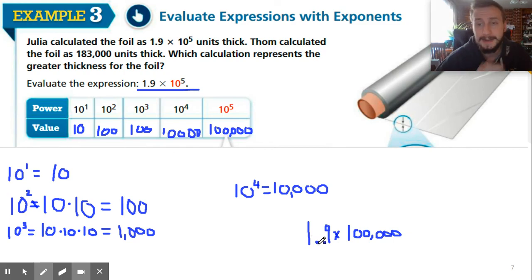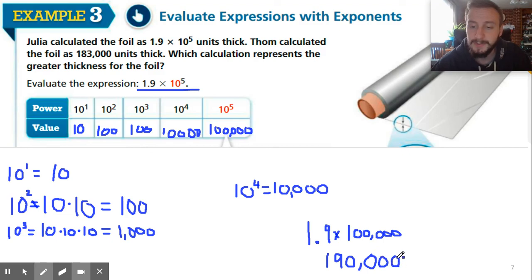So 2 times 100,000 would be 200,000. So 1.9 times 100,000 would be 190,000. So our answers are very close.